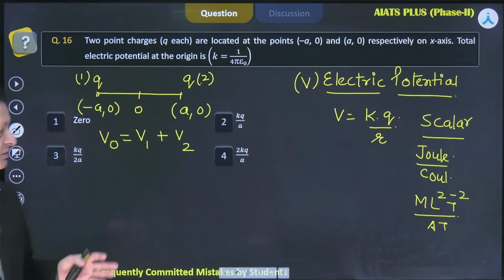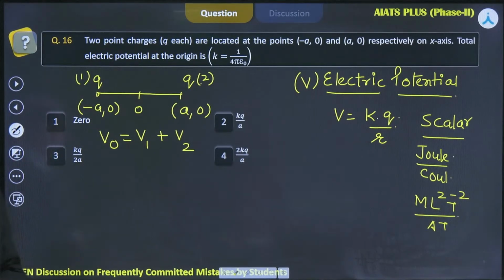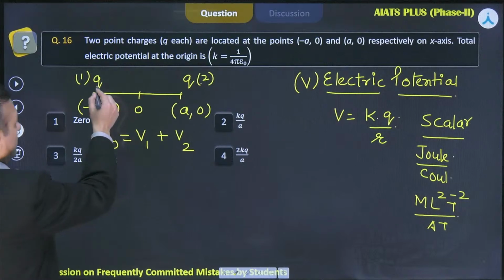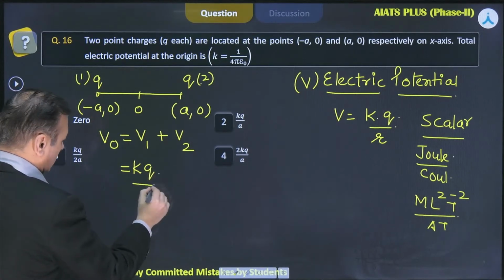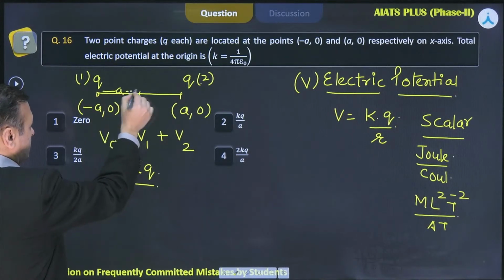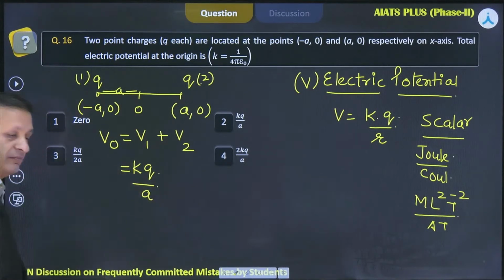This is what you have to give me. Potential being a scalar quantity is important. So what is the potential of charge 1? That is kq by r, and can you see this r as A?